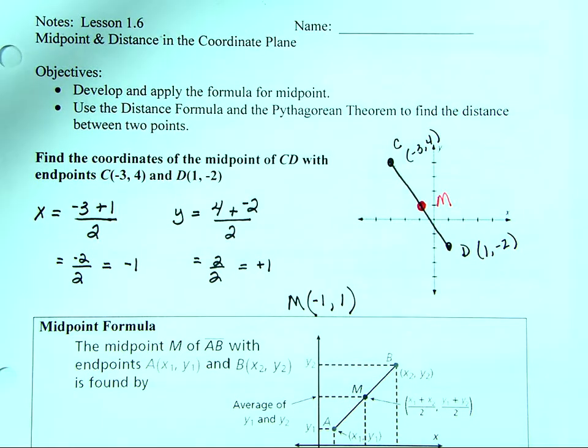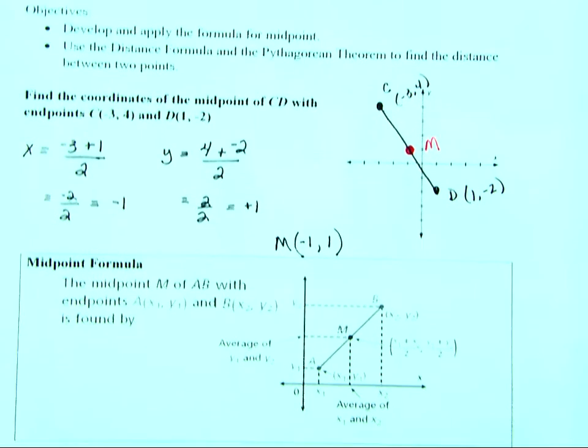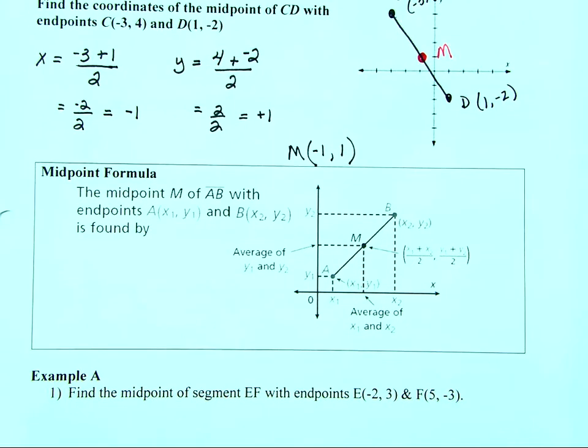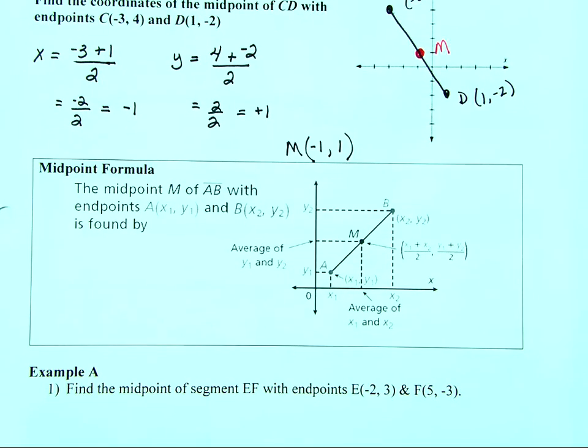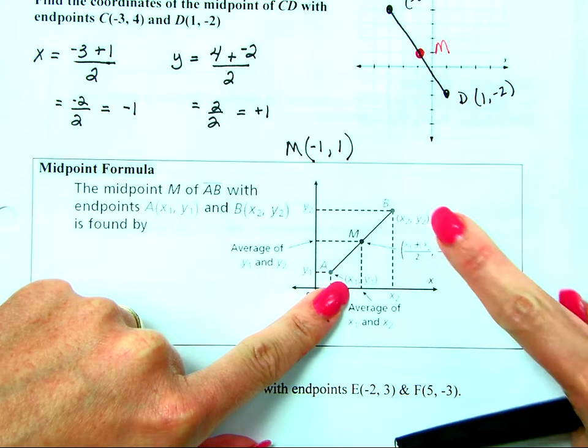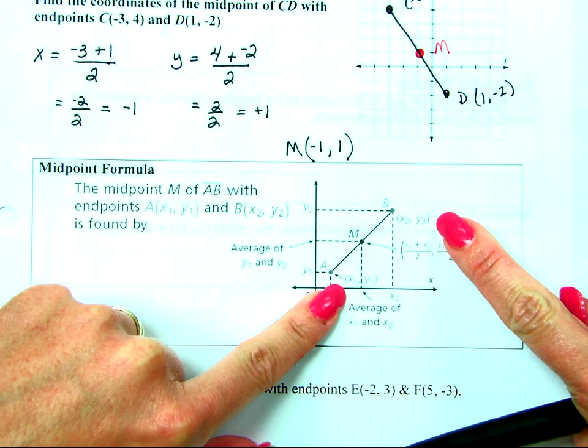So in the box down below, they are showing us the diagram from our textbook. And that's basically what they're trying to explain, is that with midpoint, you're finding the middle of the x's and the middle of the y's. It's a little more confusing because they have the endpoints labeled as x1, y1 and x2, y2.